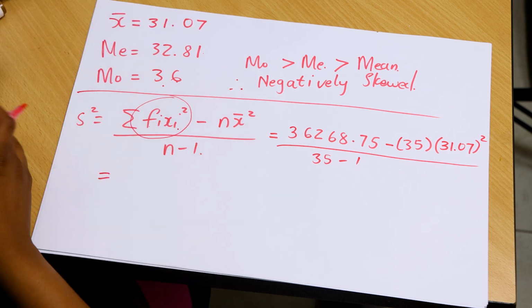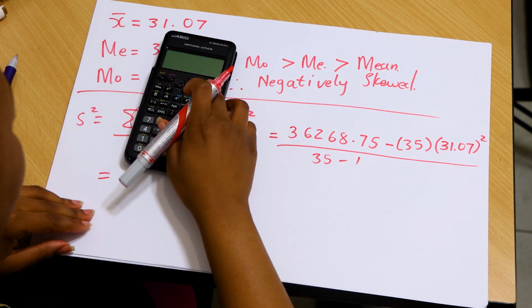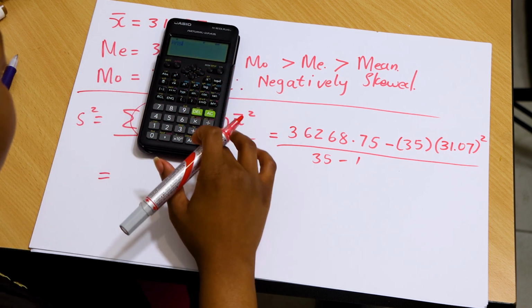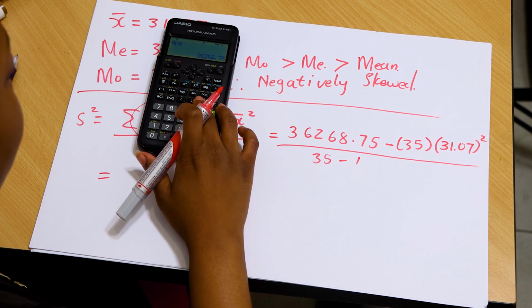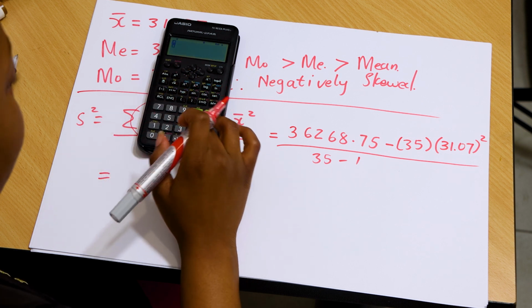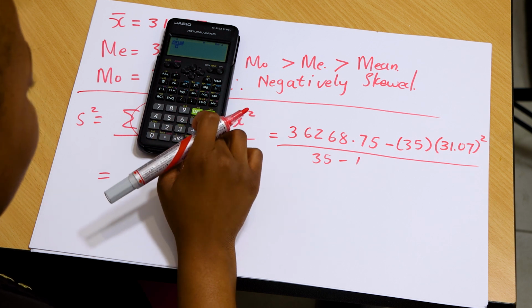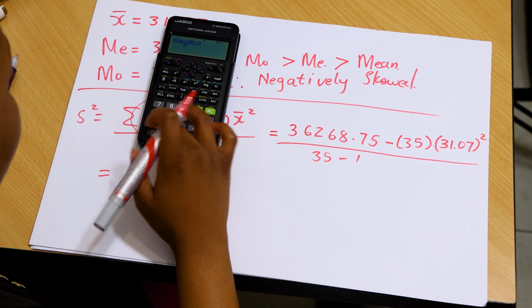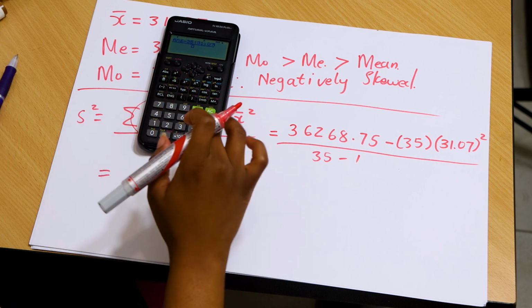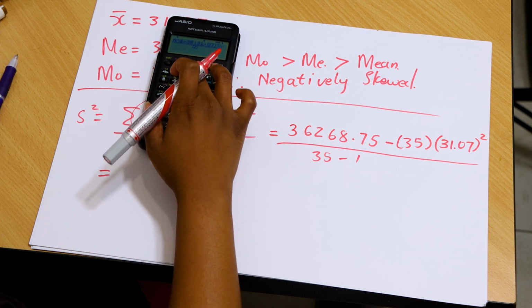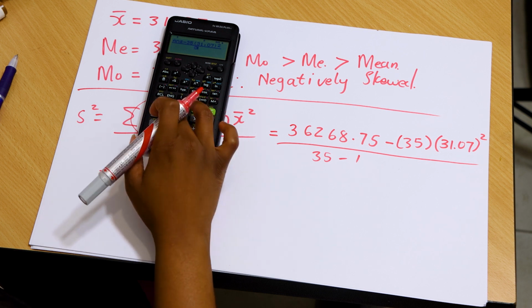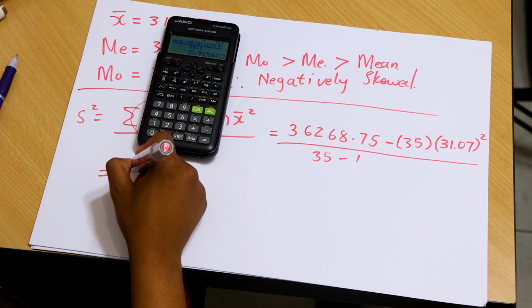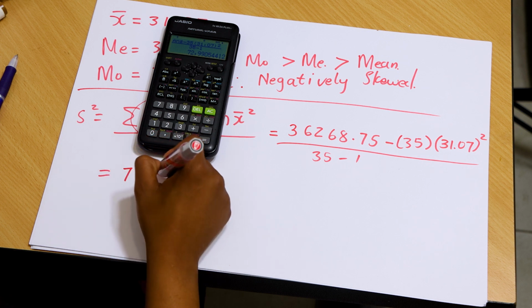Therefore, our variance is 36,268.75 minus 35 times 31.07 squared, divided by 35 minus 1, and that is 72.99.